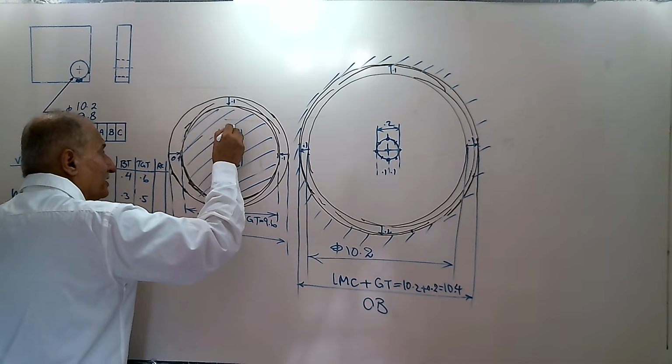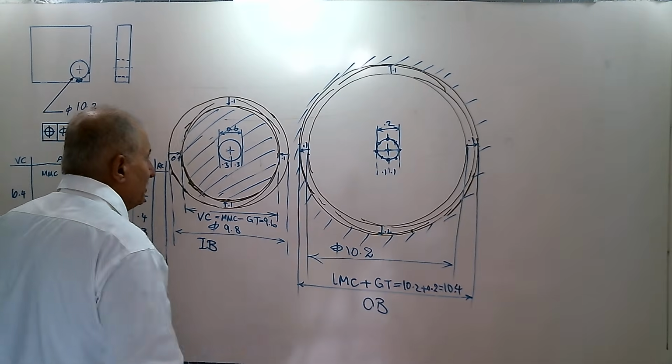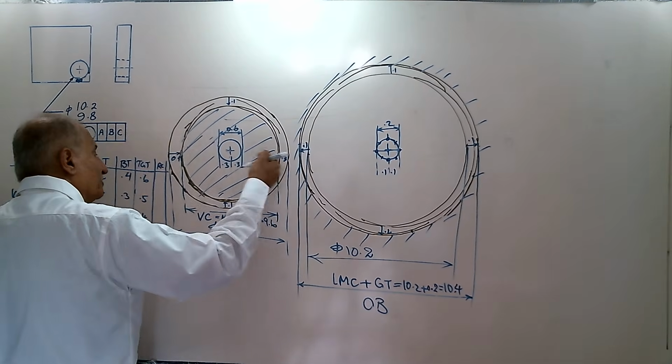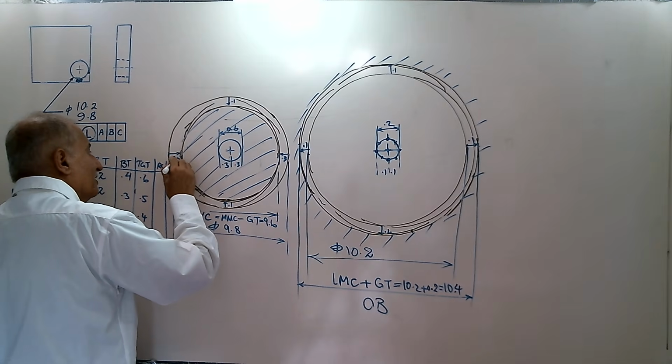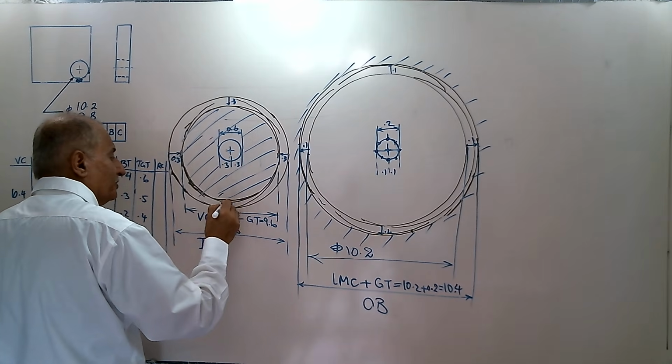That's 0.6 that gives you the total geometric tolerance. If you draw them instead of 0.1, you get 0.3 inside, 0.3, 0.3, 0.3.